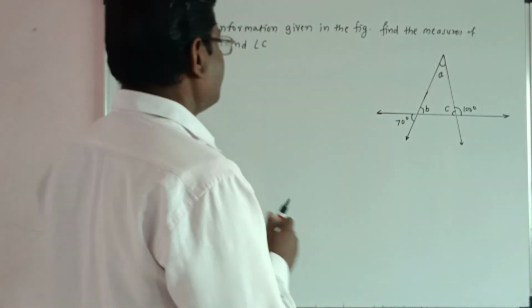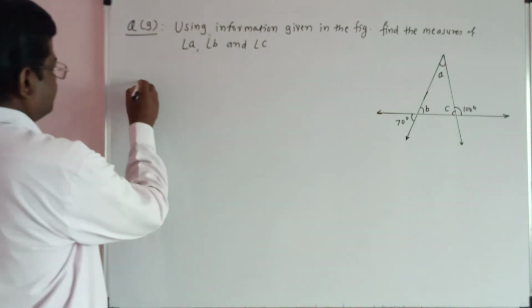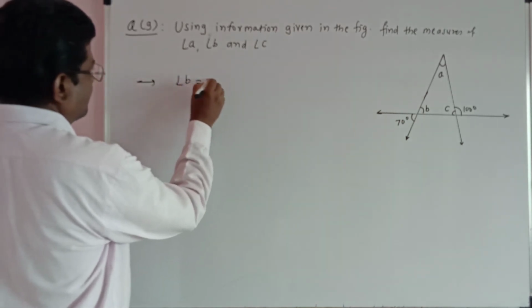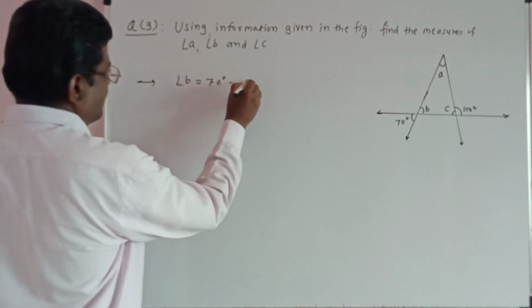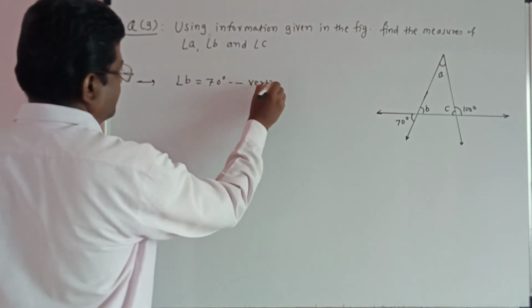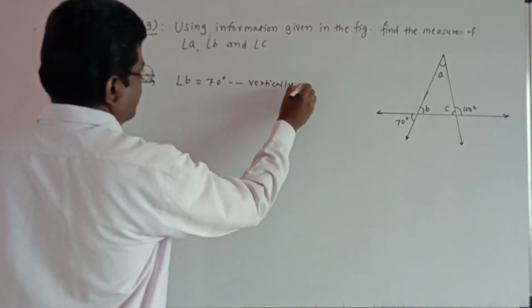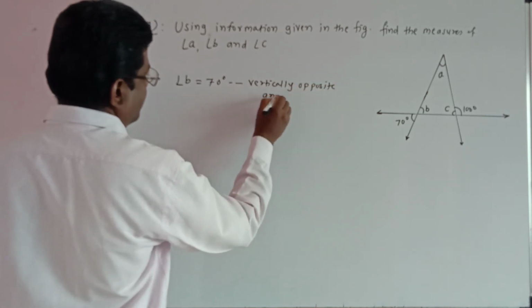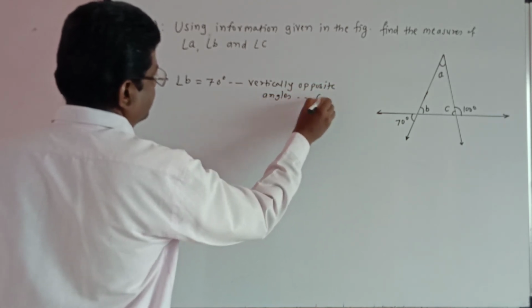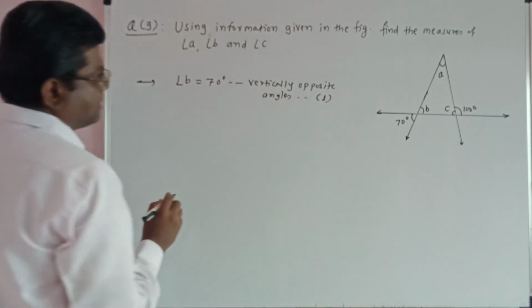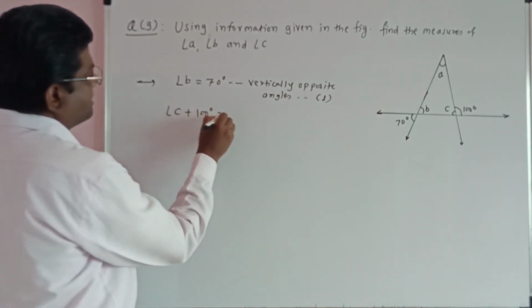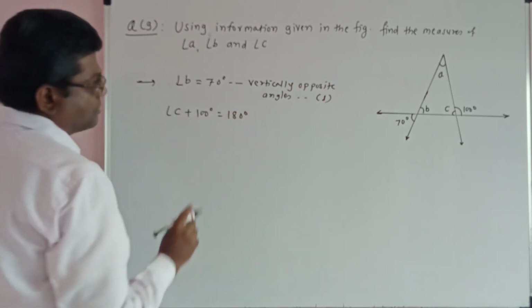Now, let's solve this example. Now angle B is equal to 70 degrees. Reason is vertically opposite angles. Let this be equation number 1. Now angle C plus 100 degrees is equal to 180 degrees.